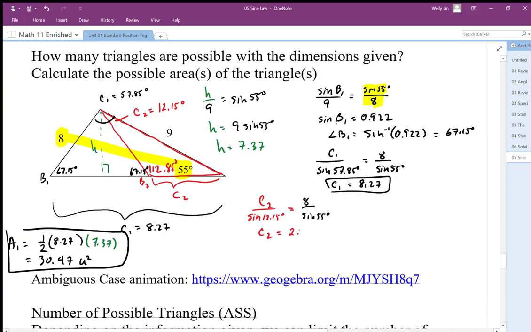So 2.06 is the length of C2. Then I can work out the area of the red triangle using 1/2 times 2.06 times the height of that triangle, which we calculated at the very beginning, 7.37. The area of the smaller triangle is going to be 7.59 units squared.